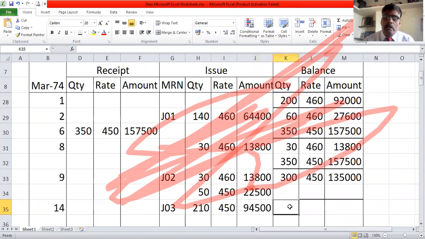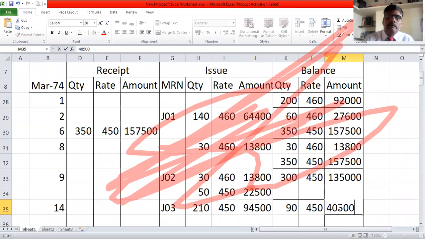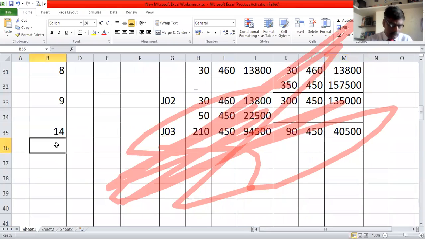Now balance available is only 90 at the rate of 450. 450 into 90, 40,500 is the amount. Okay, this is 14th.